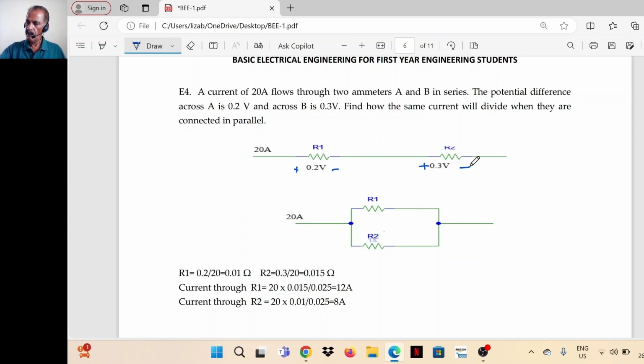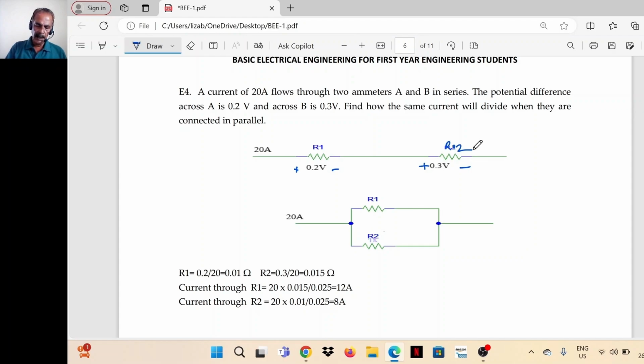A current of 20 ampere is flowing through two ammeters A and B. Here we have to consider only the ammeter resistance. Resistance of the first ammeter is R1. Resistance of the second ammeter is R2.